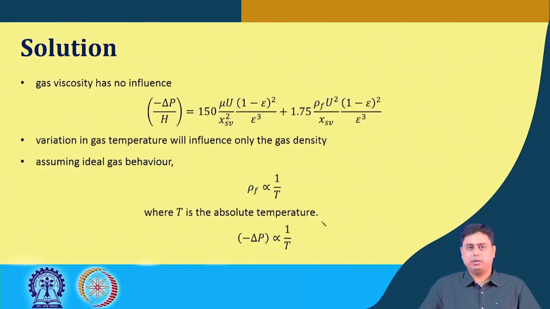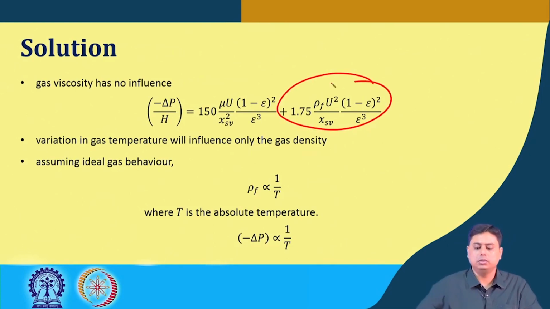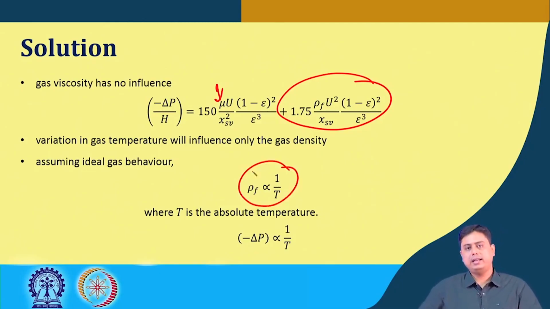Now, coming to the temperature part, the gas viscosity basically has no influence in this component. Viscous effect is dominated here if it is laminar case. Okay. So, the point is that gas temperature will influence only the gas density. Now, assuming again ideal gas behavior, we can see this is the relation between the density and the temperature for ideal gas, where T is the absolute temperature.